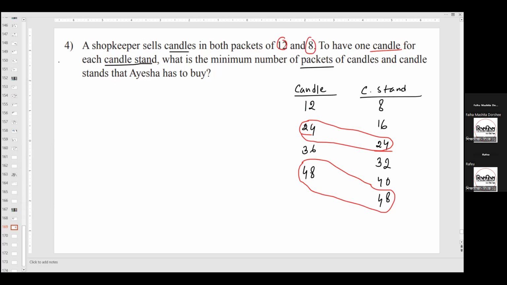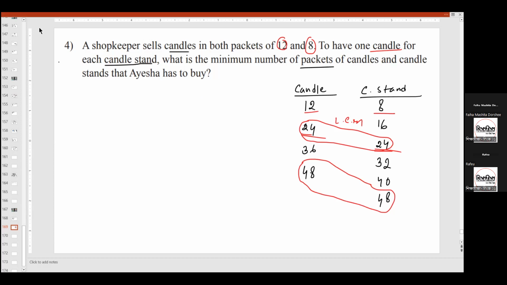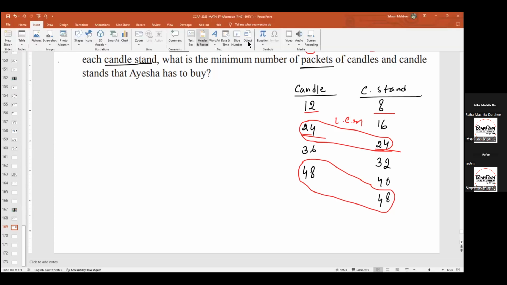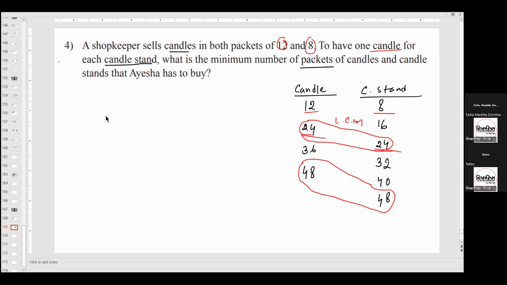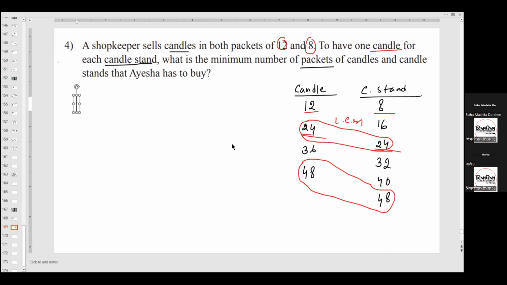And since it is the least common multiple, we need to find the LCM, right? If we find the LCM of 12 and 8, then we can find the minimum number of candles or candle stands where we get one stand for each of our candles. So we're going to write down the statement like this.